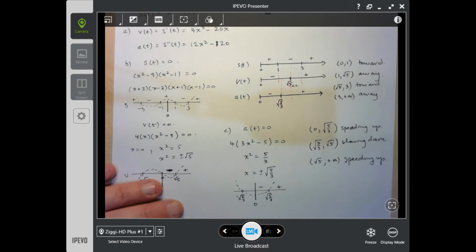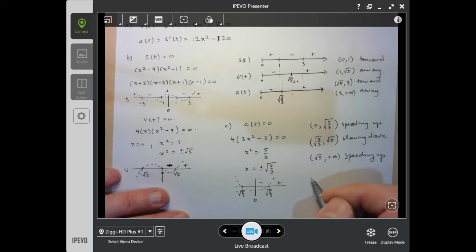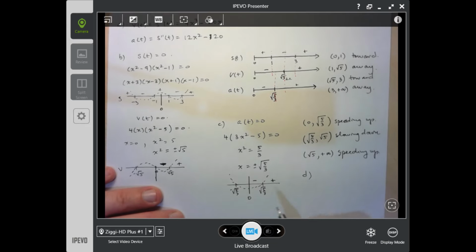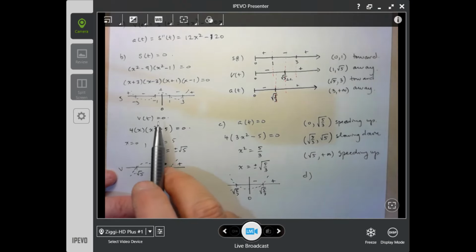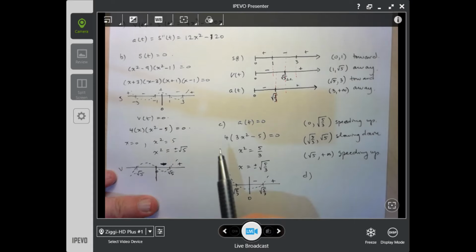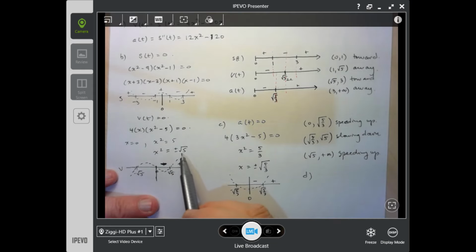Okay. And then finally, we can get to the last question, D, which says, what happens to the velocity as time goes on? Okay, so when you hear words like as time goes on, I'm hoping you're thinking end behavior. So all we have to do is look at our velocity function and think about what its end behavior is. And what do we see? That it's a cubic with a positive leading coefficient. So what's the end behavior going to do? It's just going to get larger and larger.